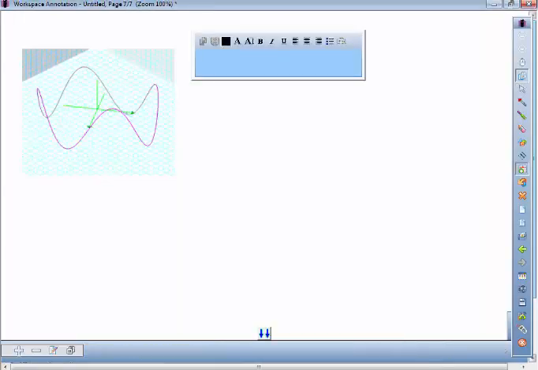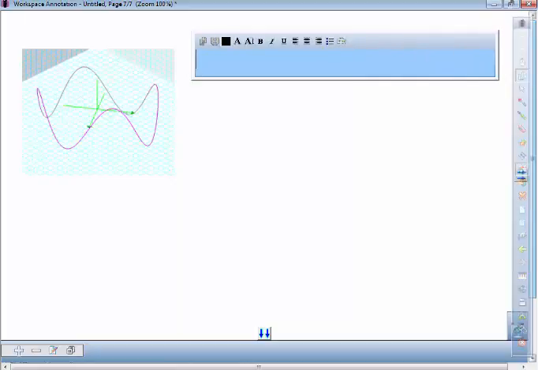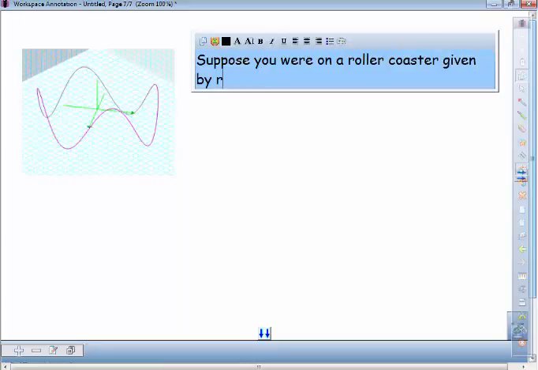So let's formalize this as an actual problem that I've given in my exams before. Suppose you were on a roller coaster given by r of t equals whatever that was, 5 cosine t, 7 sine t, and 3 sine 4t.